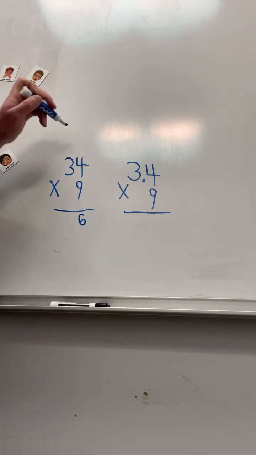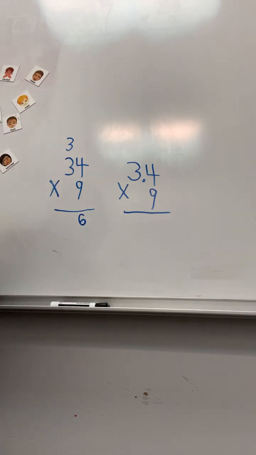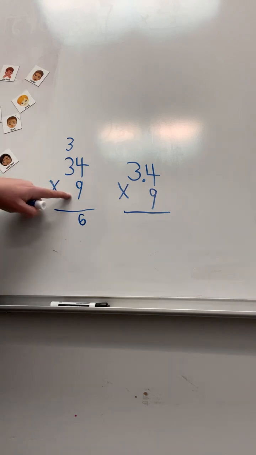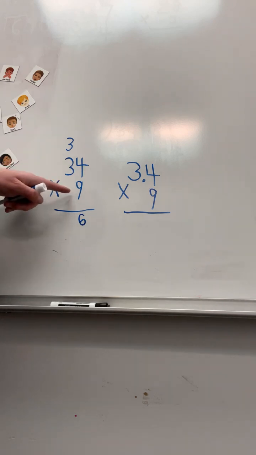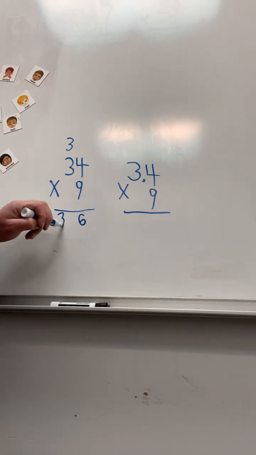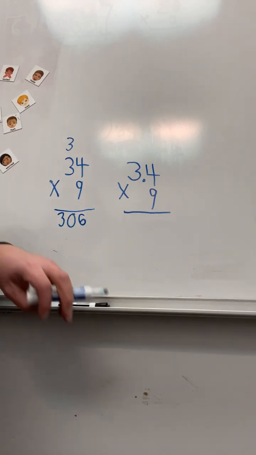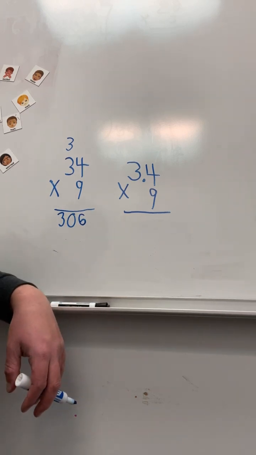The 3 in 36 I'm going to carry over to the tens place. 3 times 9 is 27. 27 plus 3 is 30. So I'm going to write 30 in front of the 6. And we have 306.